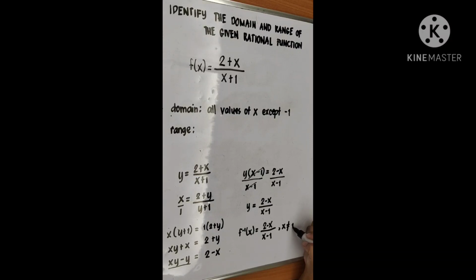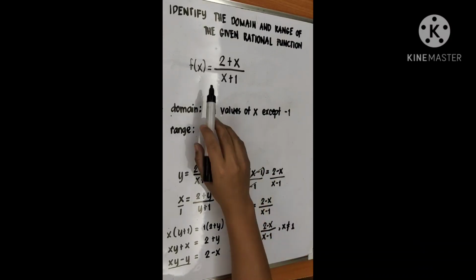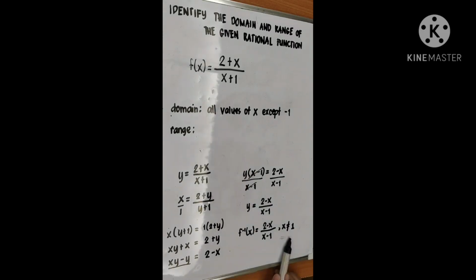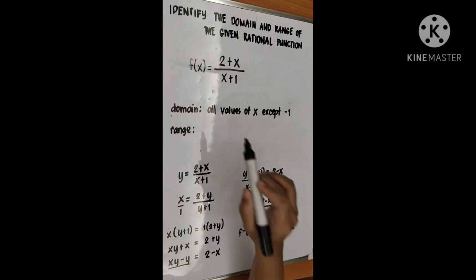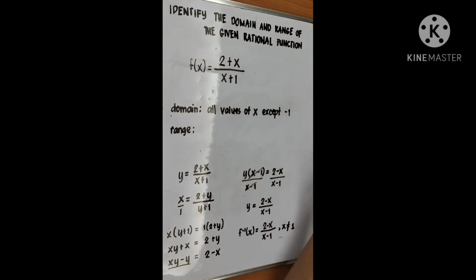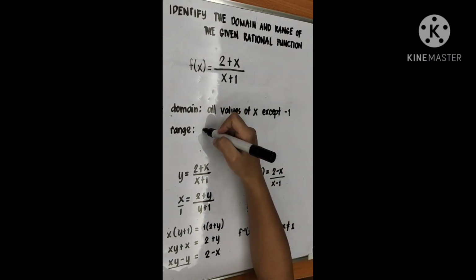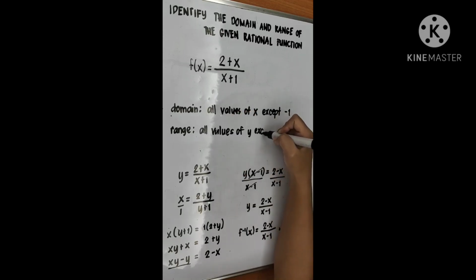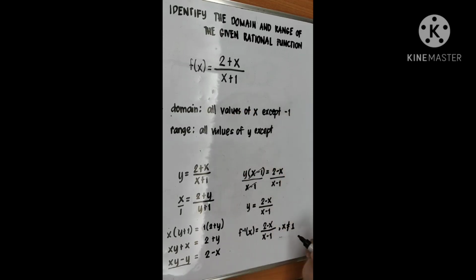So therefore, this is now the restriction in the domain of the inverse of the rational function (2 plus x) over (x plus 1). And since this is now the domain of our inverse, this means that this is now the range of the original rational function. Therefore, the range is all values of y except the restriction positive 1.